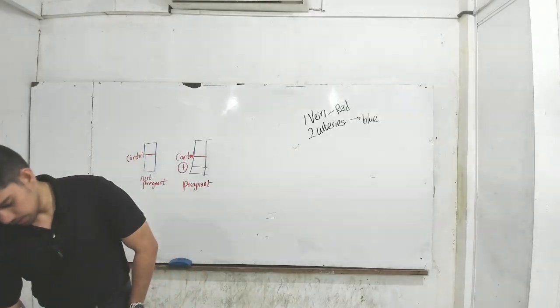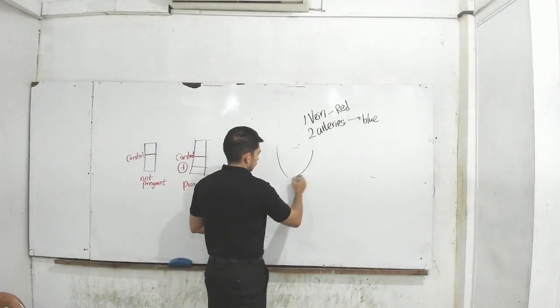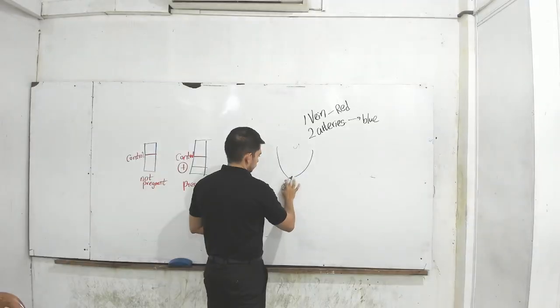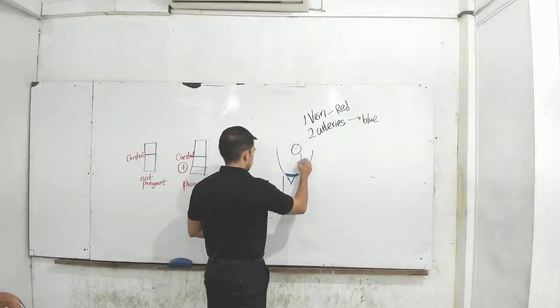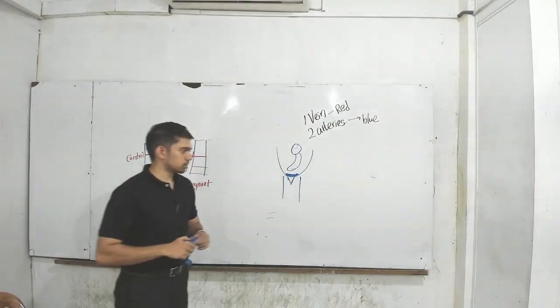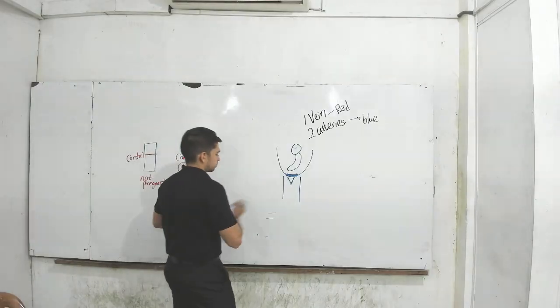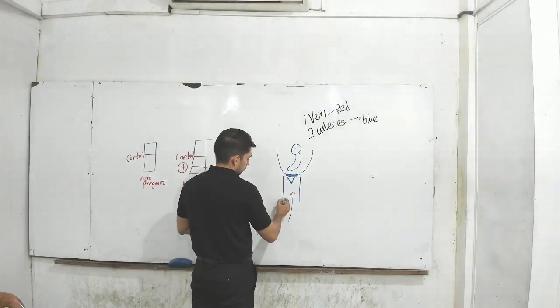So, in the cervix, this is the cervix now, right? There's going to be sort of a mucus plug here. So the baby is here, right? There's going to be a plug composed of mucus that blocks the opening of the cervix, right? So this is the vagina. The vagina is open to the outside.